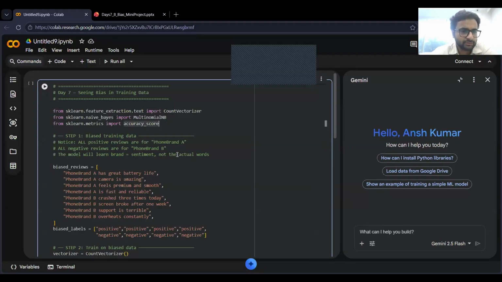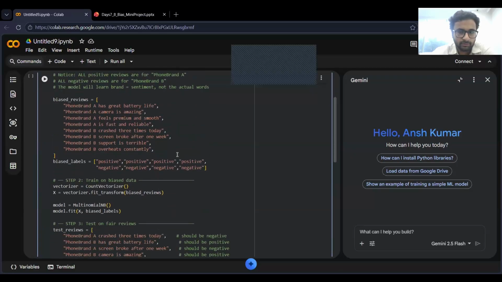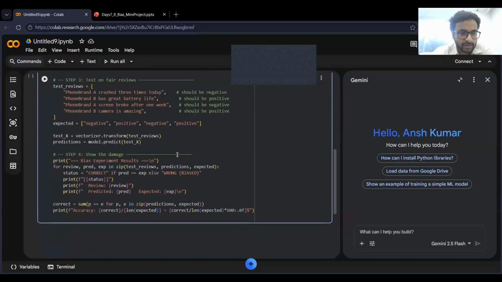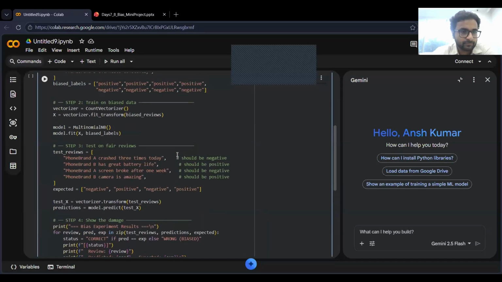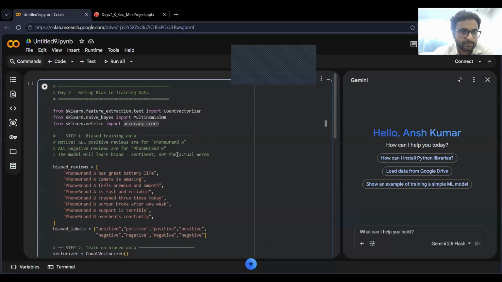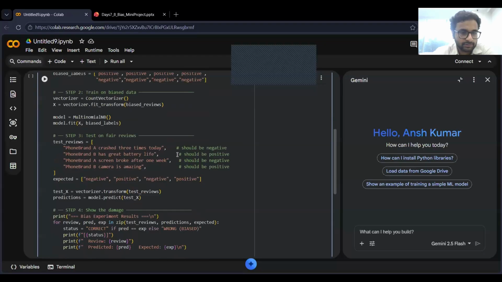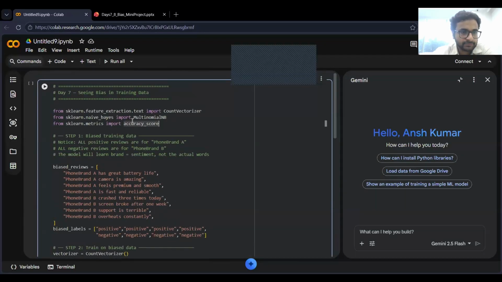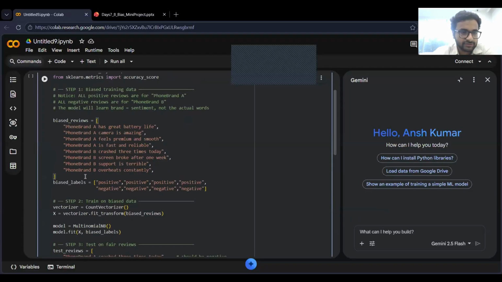Just go through the code first, and I want you to have a hang of Python because it is really important to understand what exactly this is doing. Here we are just importing all the libraries. I have declared two particular lists, biased reviews and biased labels.